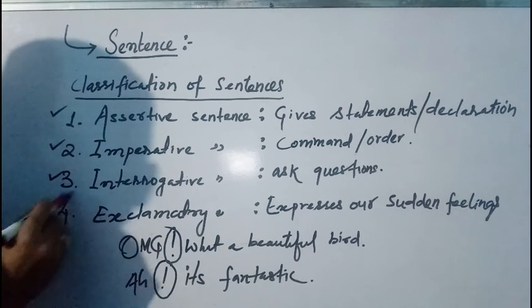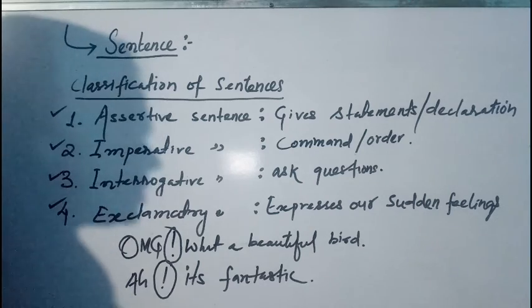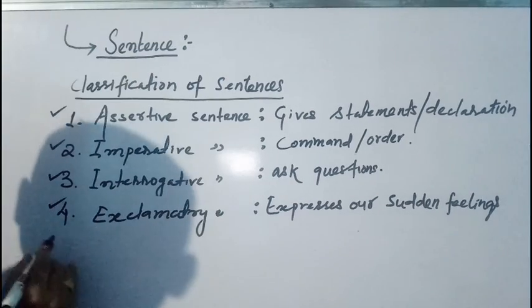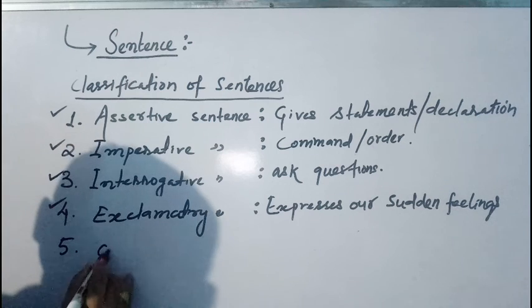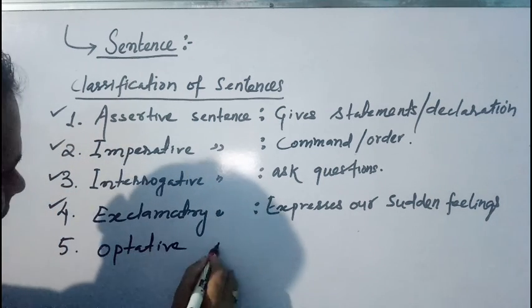So now four types of sentences we have discussed. Let us move to the last one, that is optative sentences. Then we will try to know about the optative sentences.